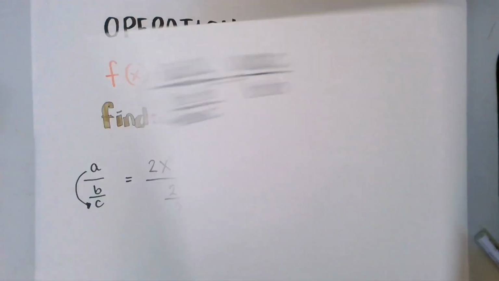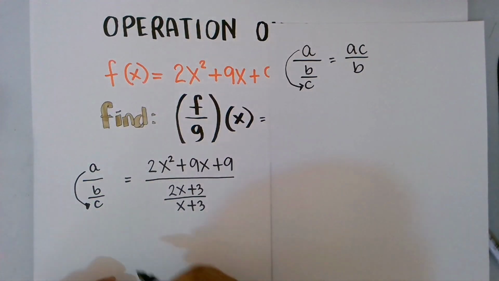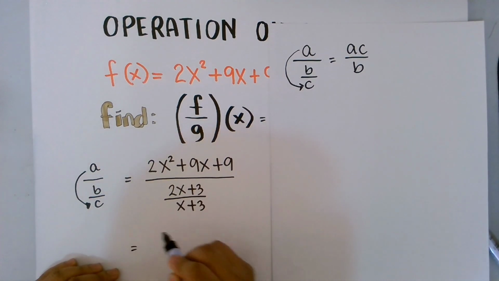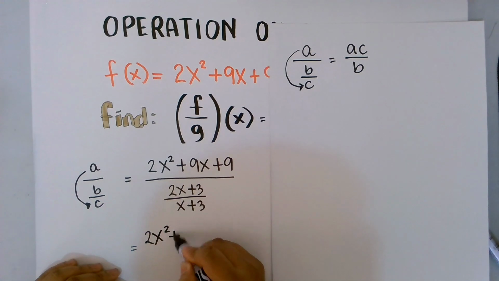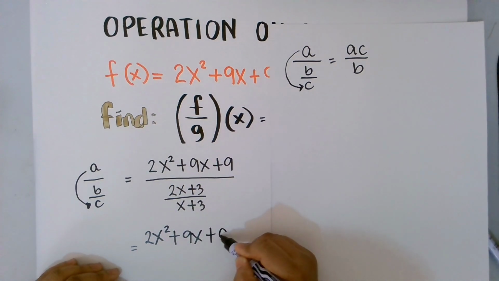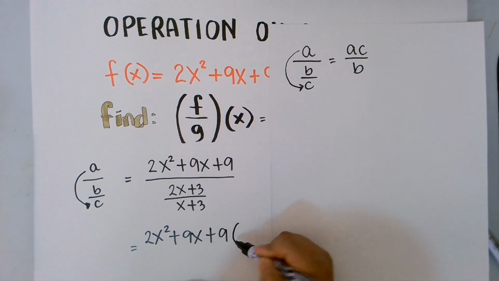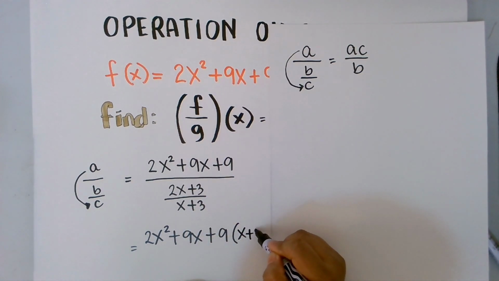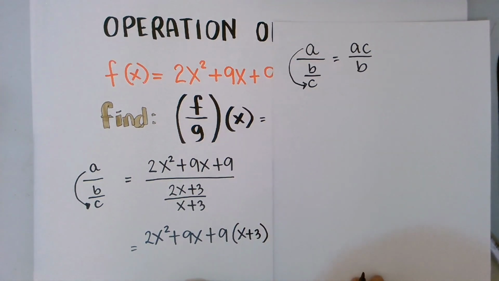Okay, so this is what we will do. Equals 2x squared plus 9x plus 9, times the denominator of the denominator fraction, so x plus 3. Okay?